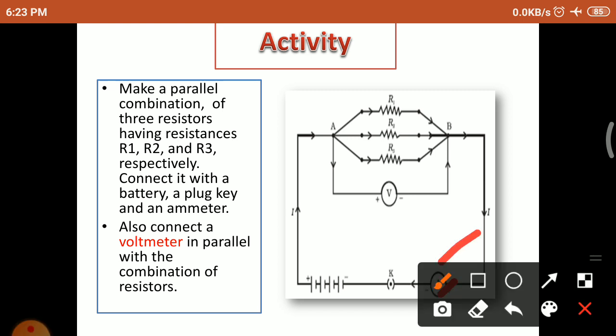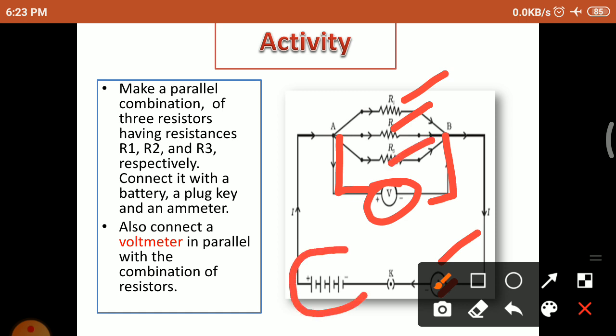And also connect a voltmeter in parallel with the combination of resistors. So here I took the three resistors R1, R2, R3, and these resistors are connected to the battery, key, ammeter, and the voltmeter is connected between points A and B.